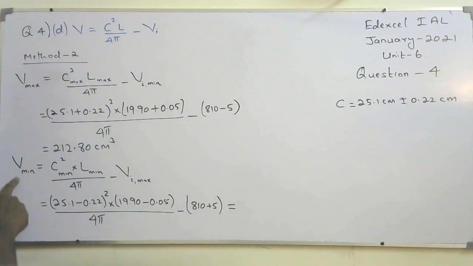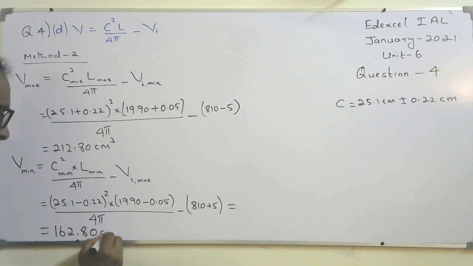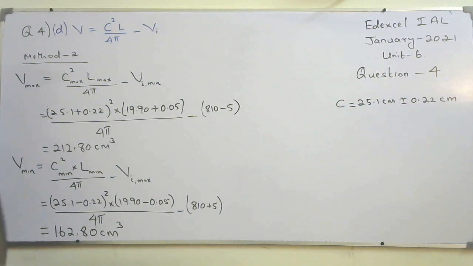So this answer, V minimum, you will get 162.80. So I'll write it here, 162.80 cm cube.